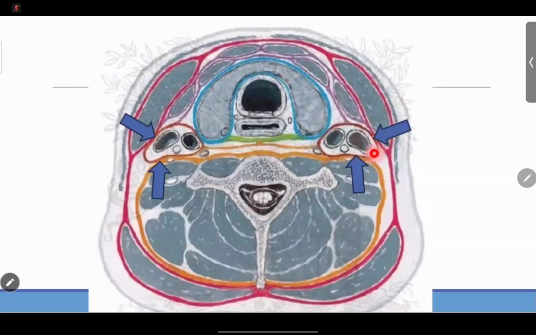Always lateral would be your IJV. It's bigger, and it has less muscle compared to your artery, but it can engorge and dilate. Always medial is your carotid artery.